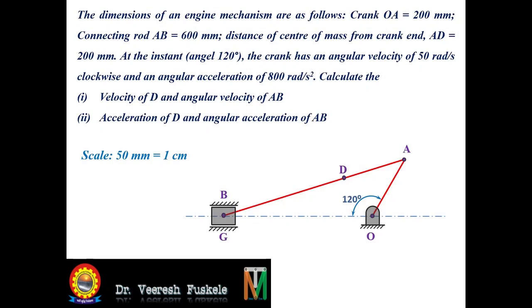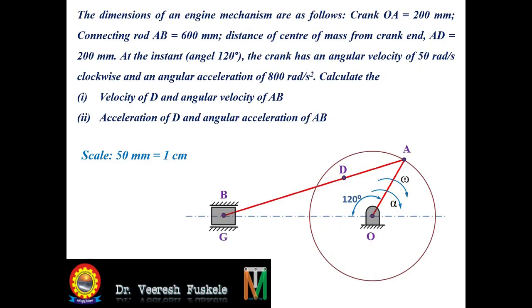The point D is taken as per the scale, and it is located on the link AB. This is the configuration diagram. Now the crank OA is rotating at an angular velocity of 50 radians per second and an angular acceleration of 800 radians per second square. The velocity is in clockwise direction.